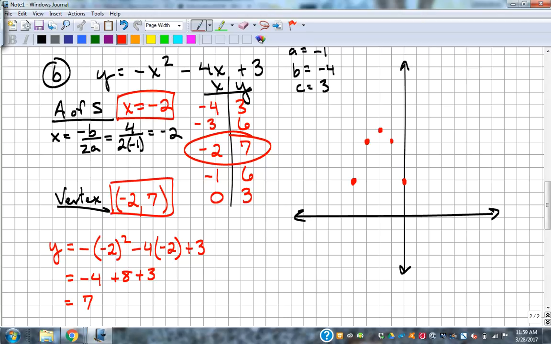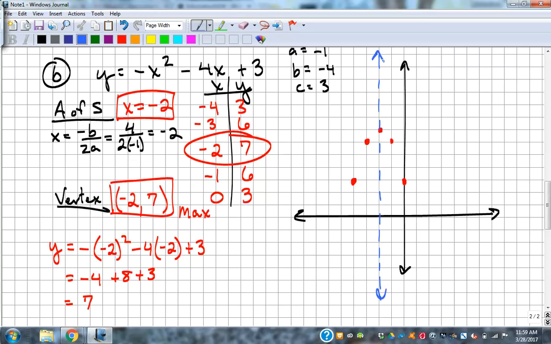Now, what kind of value was the vertex? Was it a maximum or a minimum? Maximum. Does it look like a maximum in my graph? Yeah, it's at the top. The vertex is at the top, so that's a max. Axis of symmetry, it's just this dotted line going right down through the vertex.